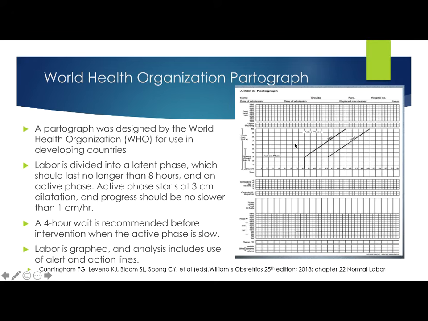The latent phase should last no longer than 8 hours, and the active phase starts at 3 centimeters dilatation. The progress should be no slower than 1 centimeter per hour. A 4-hour wait is recommended before intervention when the active phase is slow. The labor is graphed, and analysis includes the use of the alert and the action lines.